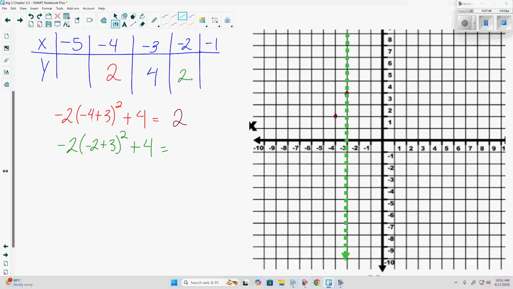So -2, 2. Because our point 1 unit to the left of the axis of symmetry should also be the same point to the right. Because we went 1 to the left and we were at 2, which means the point 1 to the right should also be at the y value of 2.